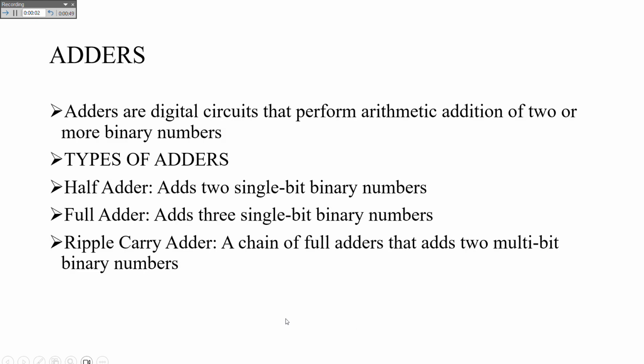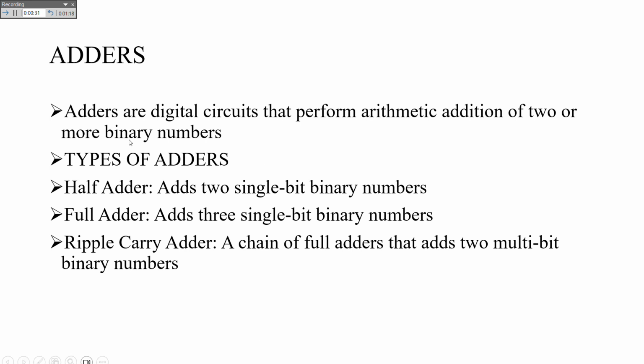So now let's look at adders. When we say adders, what does it mean? We said adders are digital circuits that perform arithmetic addition of two or more binary numbers. So there are three types of adders, but we are going to look at two of them.